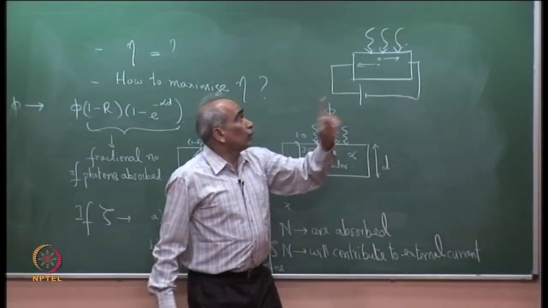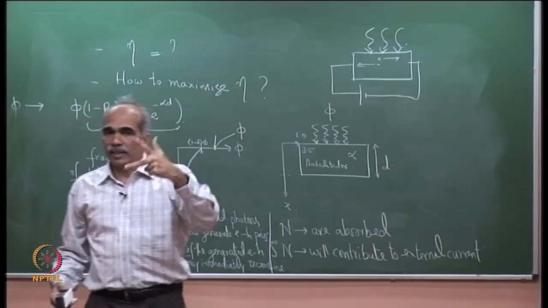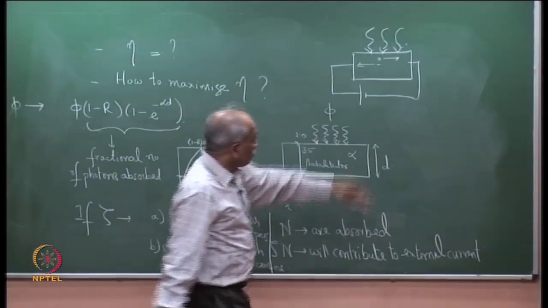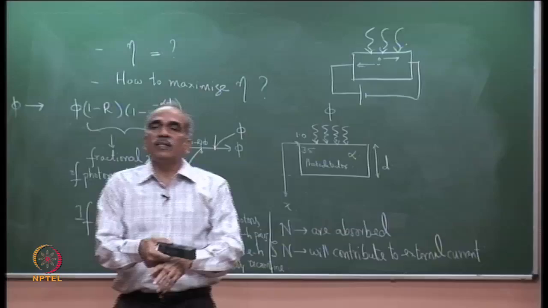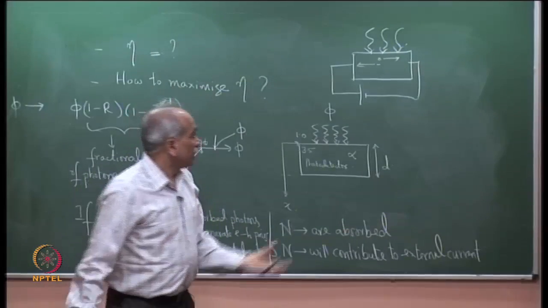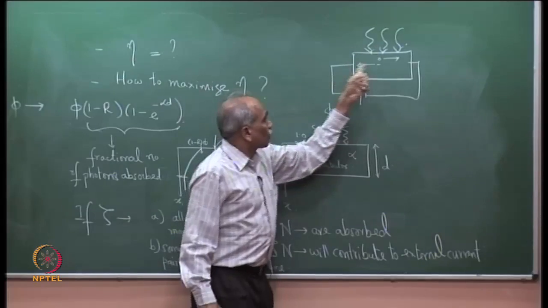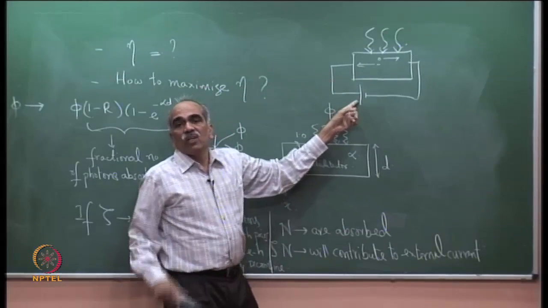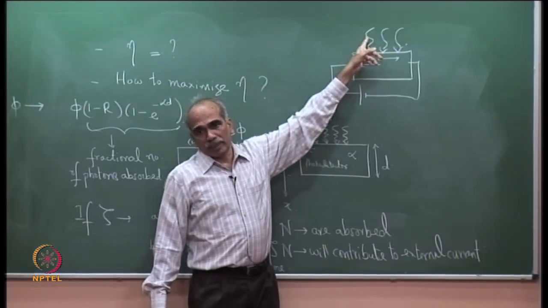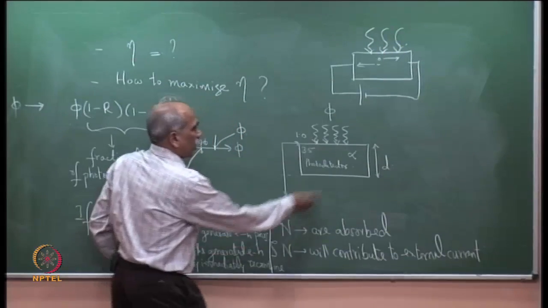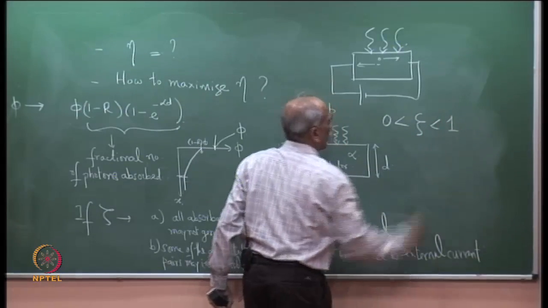Do you follow? Out of all absorbed photons, every photon may not lead to generation of carrier pairs. And second, even though they lead to generation of pairs, the generated pairs may immediately recombine. Therefore, the actual number of carrier hole pairs contributing to the external circuit will be less than the generated number, which means zeta, so 0 less than zeta less than 1.